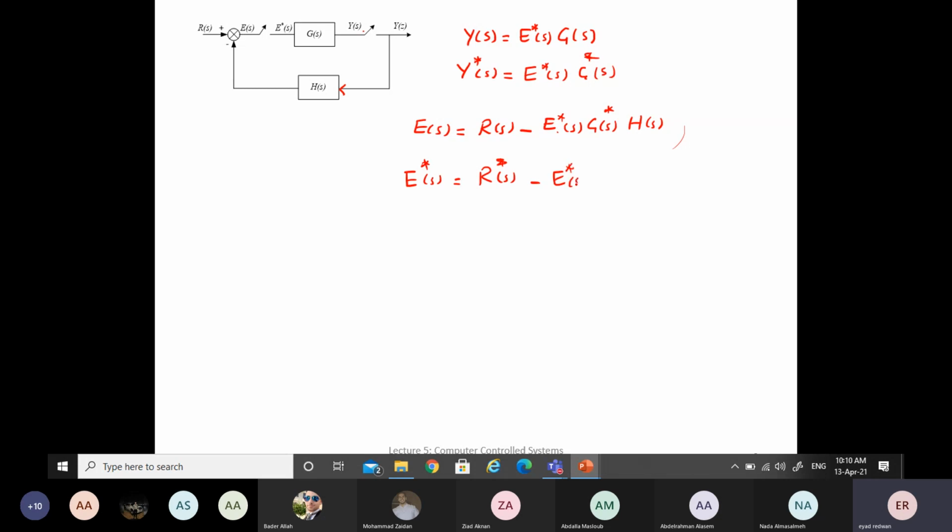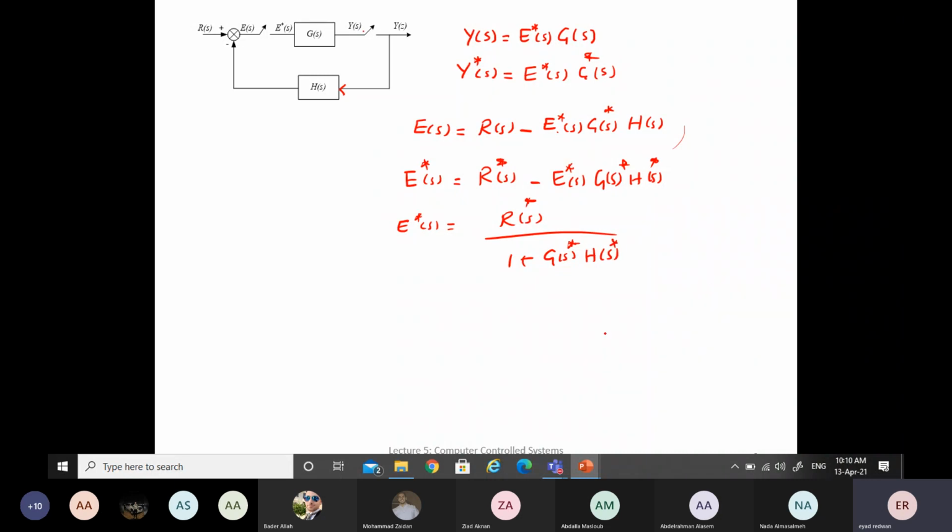This is E star of S, G of S star, H of S star, and you rearrange the equation. You get E star of S equals R of S starred over 1 plus G of S starred on its own, H of S starred.